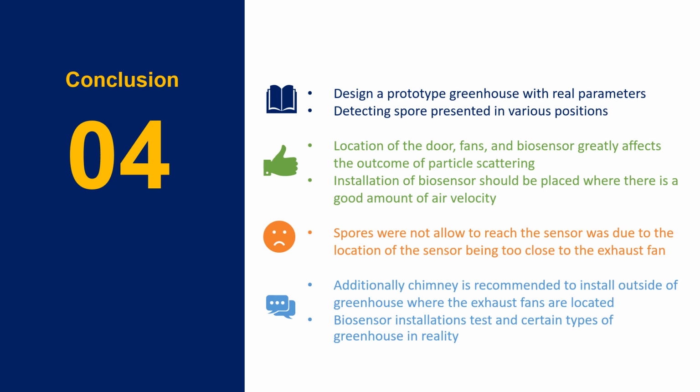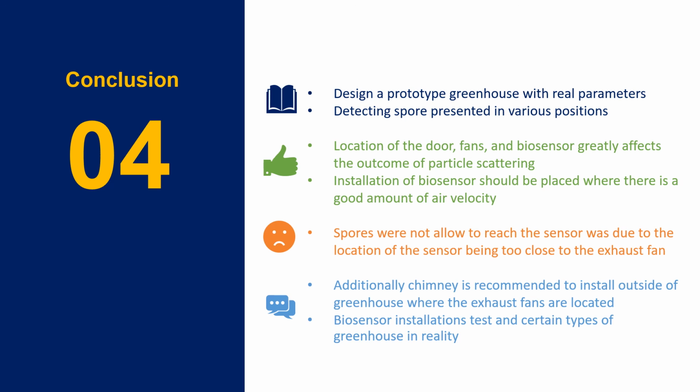The air must also be circulated throughout the greenhouse at the time of exposure to the biosensor. The reason that the spores were not reaching the sensor was due to the location of the sensor being too close to the exhaust fan.